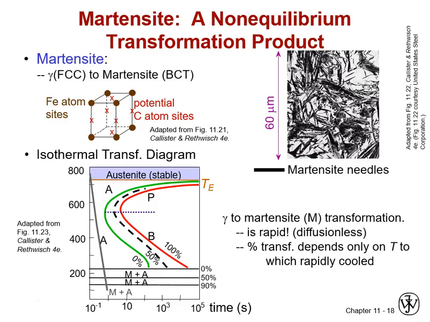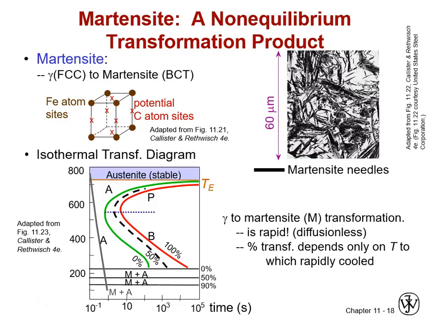So anytime we drop along a line on an isothermal transformation diagram, that we're not following a horizontal, we're assuming that we're cooling so fast that we're giving nothing time to transform. This would be equivalent to what we would call a quench. So we are going to quench from around 800 degrees C to somewhere well below 200.